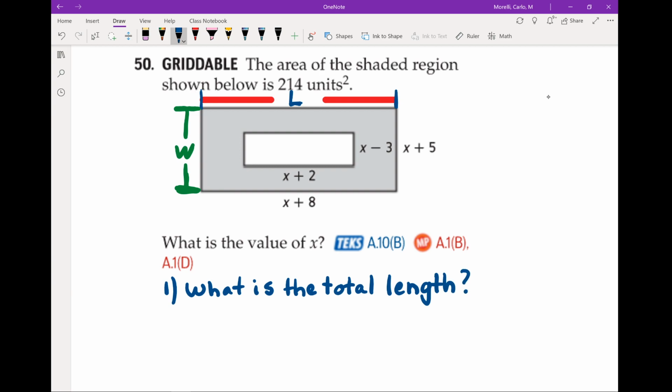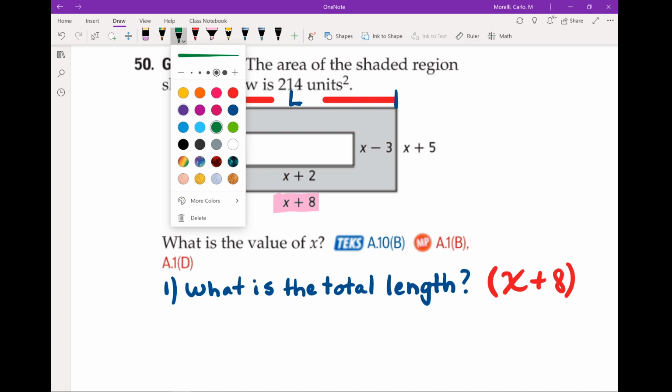Length times width is area. So we need to figure out what the total length is. They actually give it to us, don't they? X plus 8, right here. So we're going to write that down. X plus 8. And now we're going to ask ourselves, what is the total width?